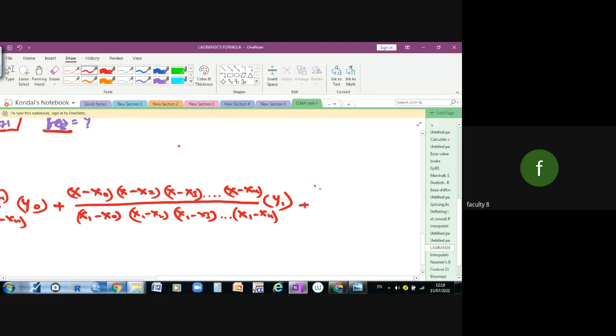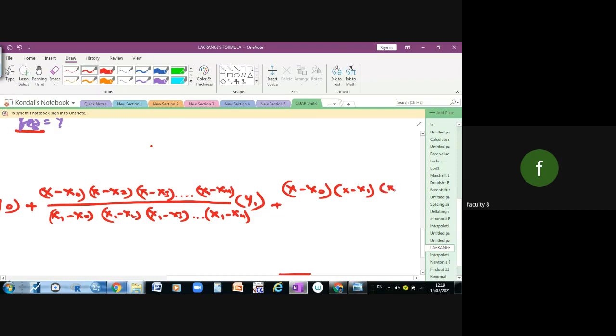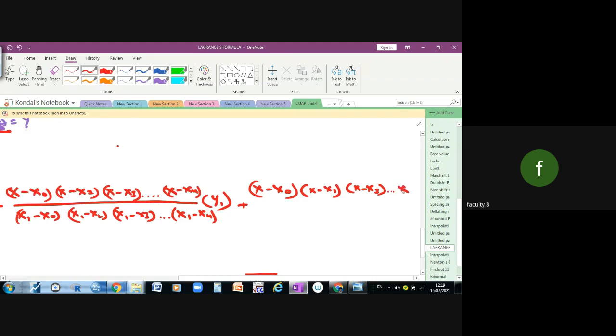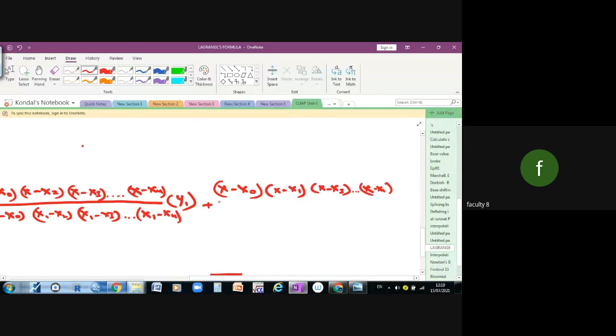So as we can take x minus x0 into x minus x1 into x minus x3, divided by x2 minus x0, then x2 minus x1, then x2 minus x3.